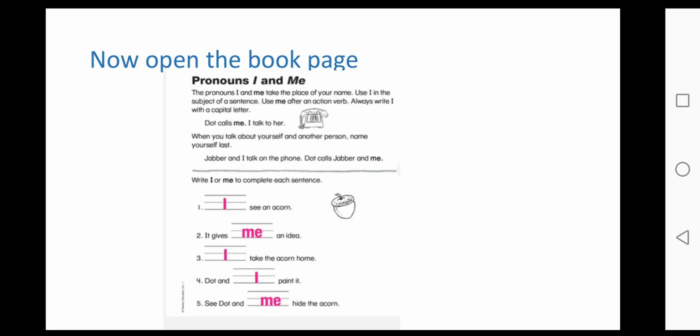Good. Now, I talk to her. Who does the action? Who talks to her? I. Remember the question that we asked to find the subject.